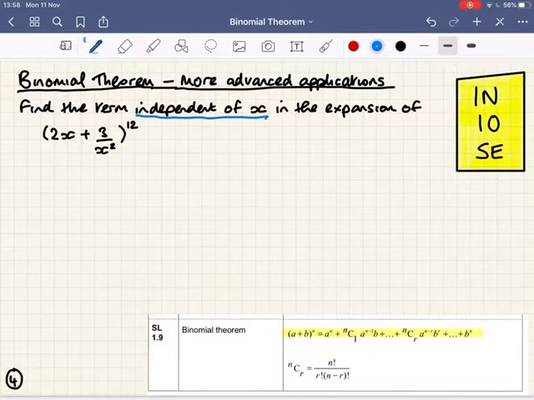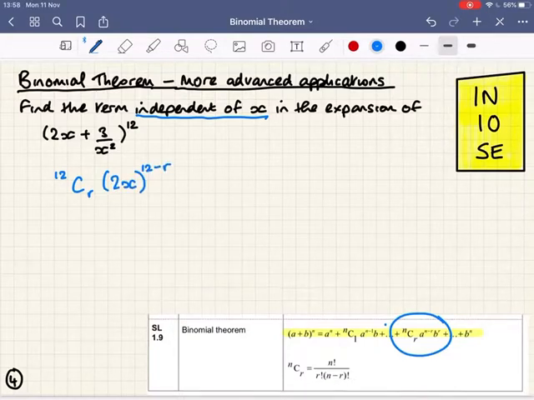What I know here from my formula is that my nCr, here it's going to be 12Cr, multiplied by 2x to the power of n minus r, that's 12 minus r, multiplied by 3 over x squared to the power of r, will give me a result where x disappears.